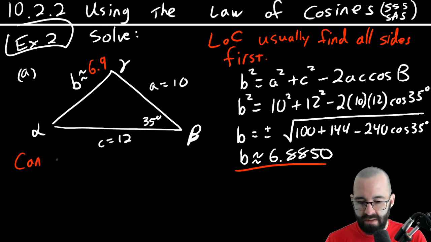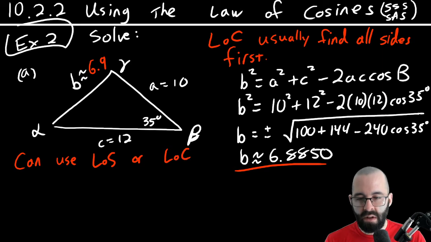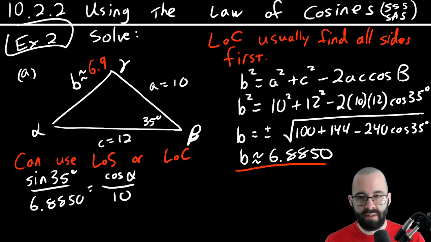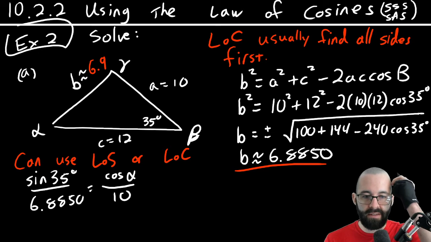After you do this, you can use law of sines or law of cosines. So law of sines says, let's choose an angle and its opposite side that we know. It's going to equal, choose either alpha or gamma, and then use A or B and solve this accordingly.